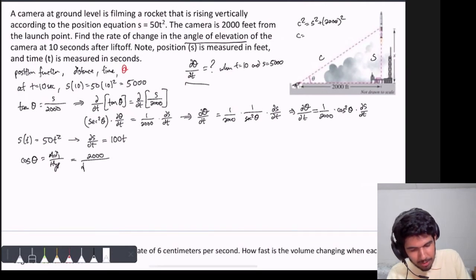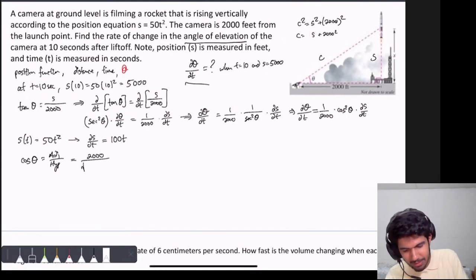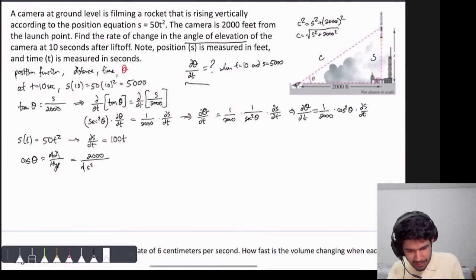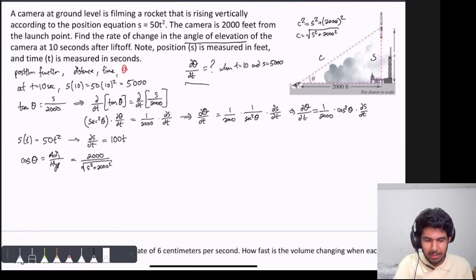So c equals the square root of s squared plus 2,000 squared, right? That's just Pythagorean Theorem. So we plug that in, and now we can substitute that back in.